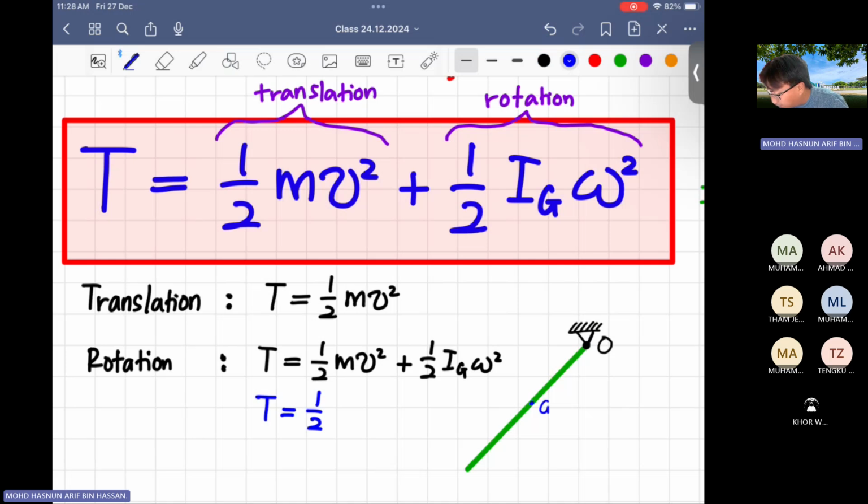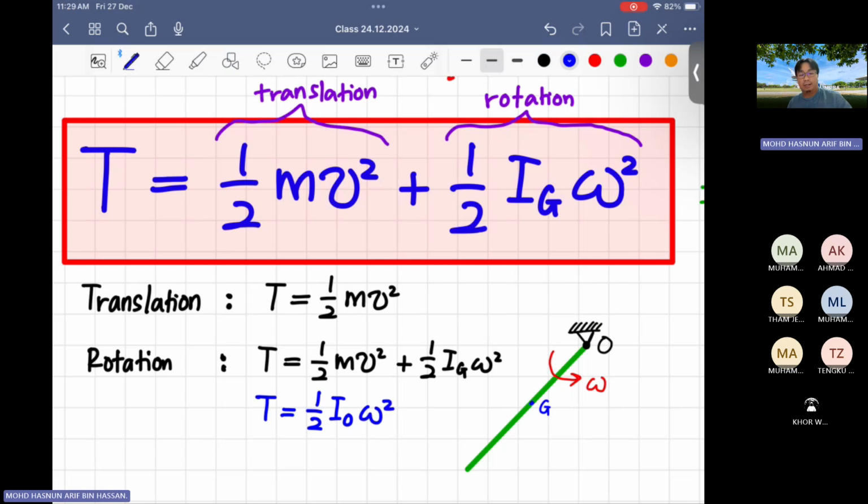This is point G. Say it rotates like this, and this is its omega. If we calculate the mass moment of inertia about point O, then the rotation kinetic energy can be simplified into 1 over 2 Io omega square.